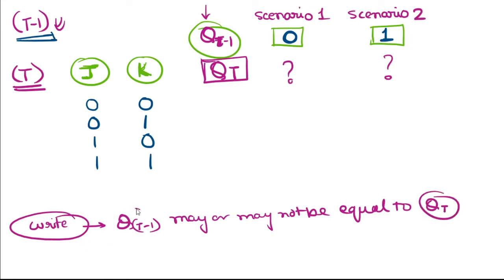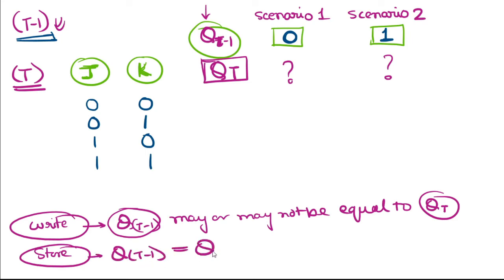And if we want to store, that means qt minus 1 should be equal to qt.